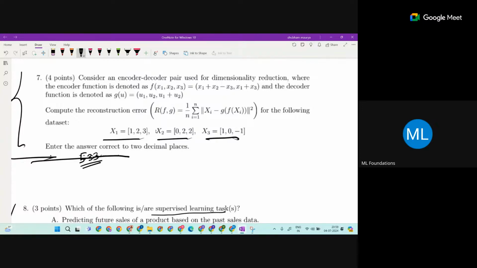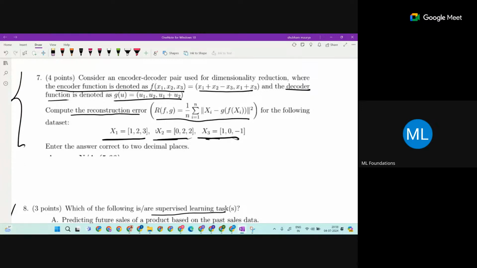So how will we do this? Here it is already written: the encoder function is denoted as f, and it is like this. The decoder function is denoted like this. The reconstruction error formula is already given here. Now we have a data set and we have to find the reconstruction error. We have 3 vectors, x1, x2, x3.